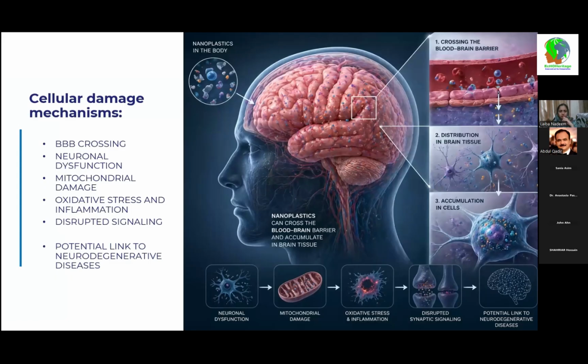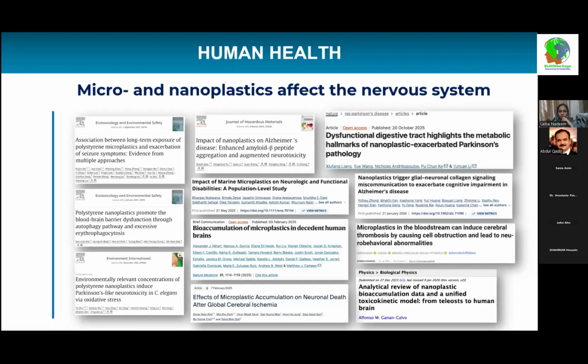Experimental studies show that they disrupt neuron electrical signaling, interfere with ion channels, impair mitochondrial function, and increase oxidative stress. All these mechanisms are involved in neurodegenerative diseases like Alzheimer's and Parkinson's disease.